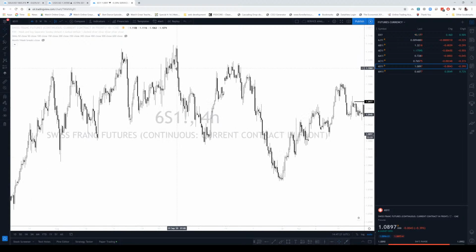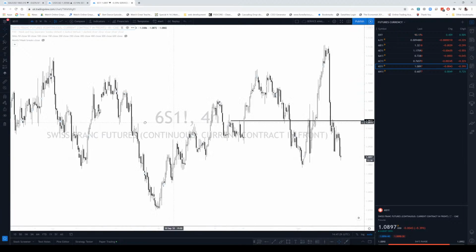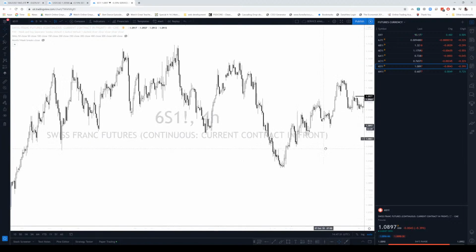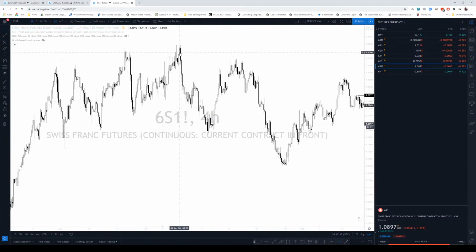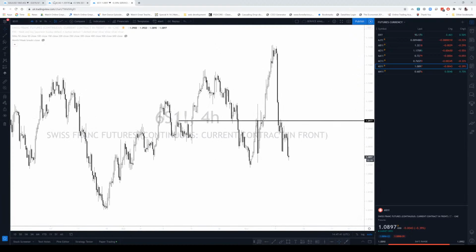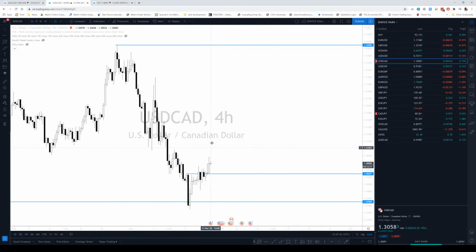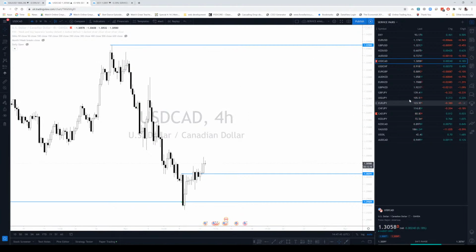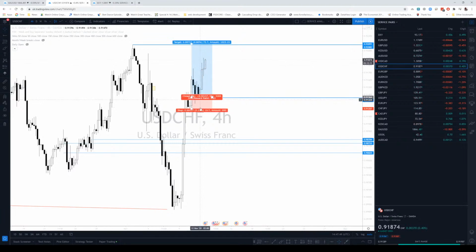Something like that, normal trading. This is abnormal, but this is normal trading. So I'm expecting something like this going forward to happen, and then once we get that, then this thing should just pump up, and it's going to do so just like dollar Swiss has done.